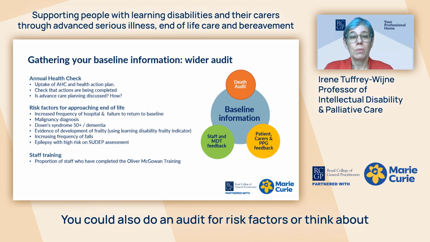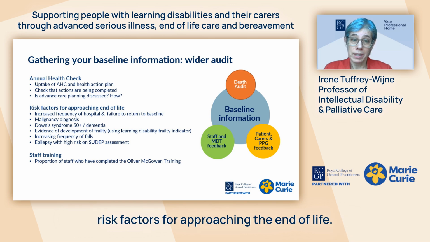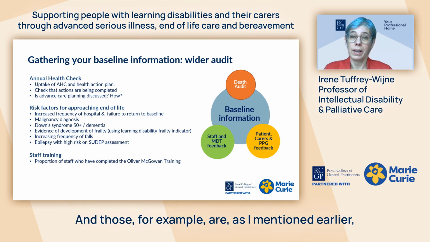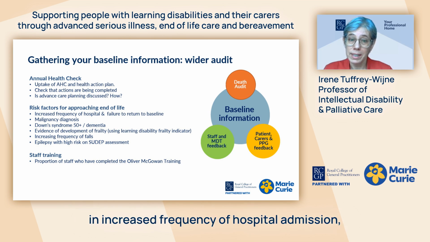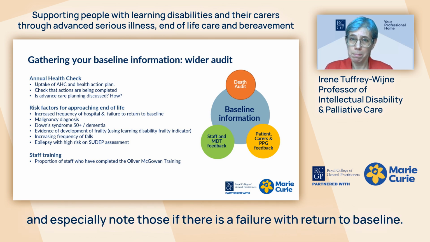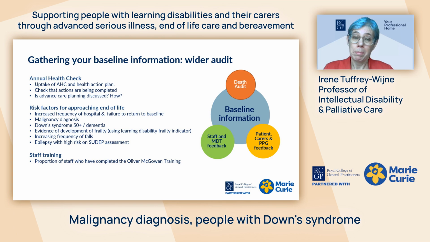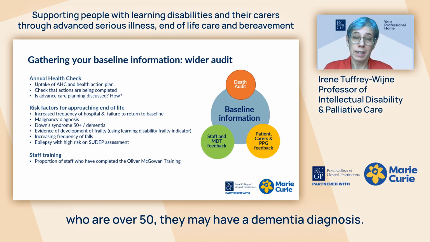You could also do an audit for risk factors, or think about risk factors for approaching the end of life. And those, for example, are, as I mentioned earlier, an increased frequency of hospital admission, and especially note those if there is a failure to return to baseline. Malignancy diagnosis, people with Down syndrome who are over 50, they may have a dementia diagnosis.